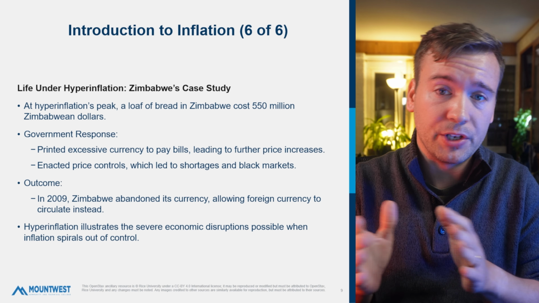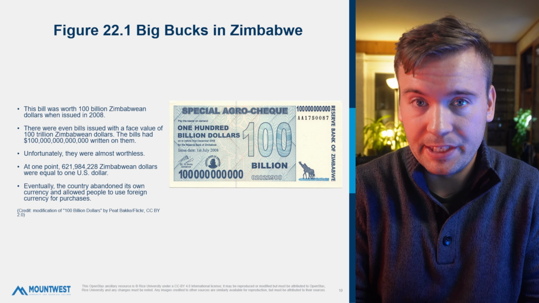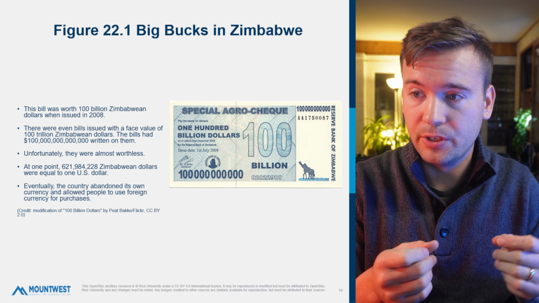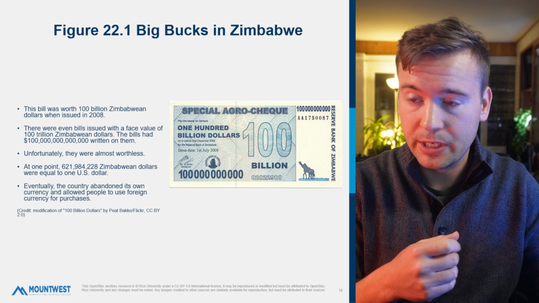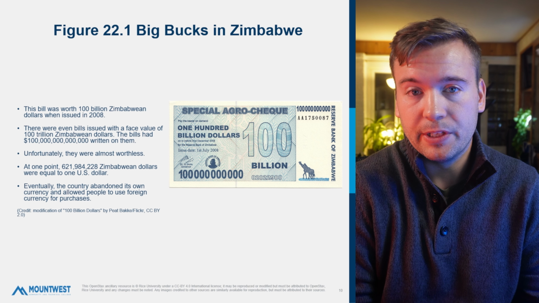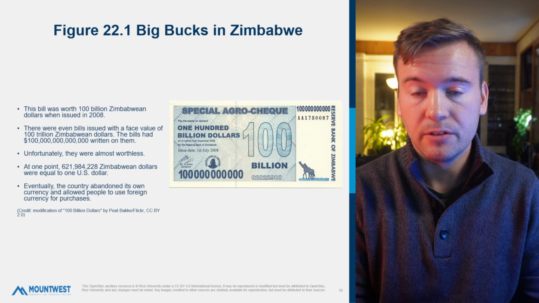This slide shows a 100 billion Zimbabwean dollar bill. That's a single bill. Read all those zeros. A 100 billion Zimbabwean dollar bill that was issued in 2008. And at the time, they were printing bills with face values of $100 trillion, and they ended up being nearly worthless.